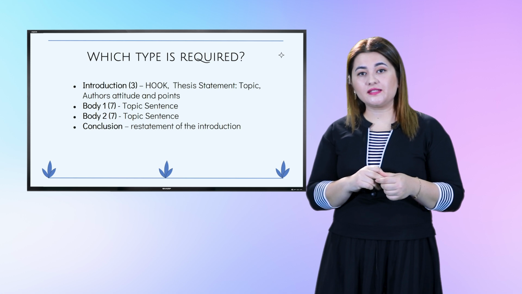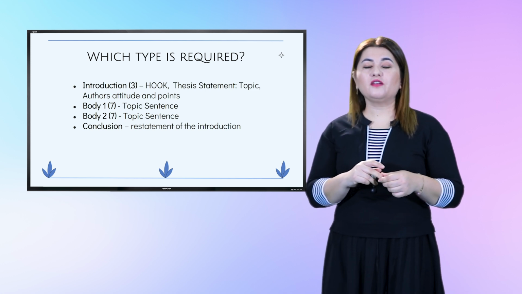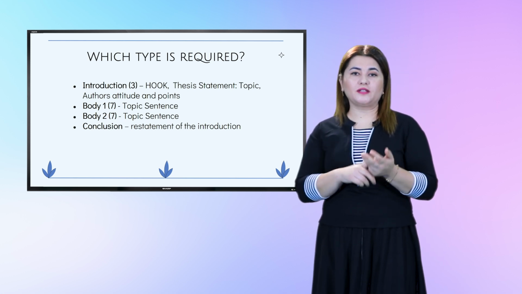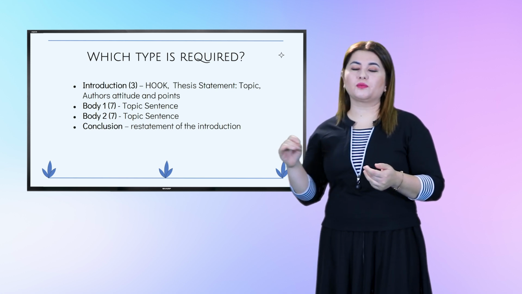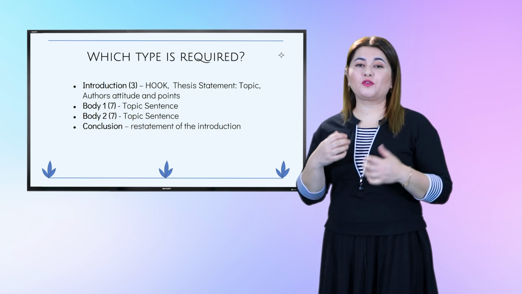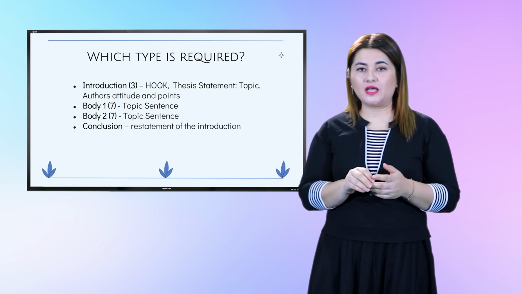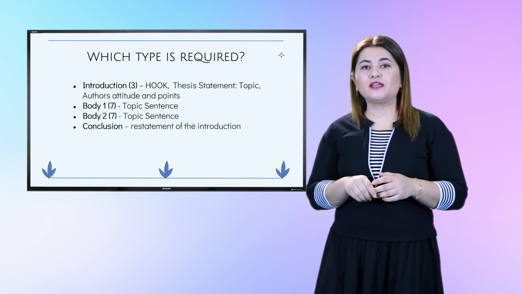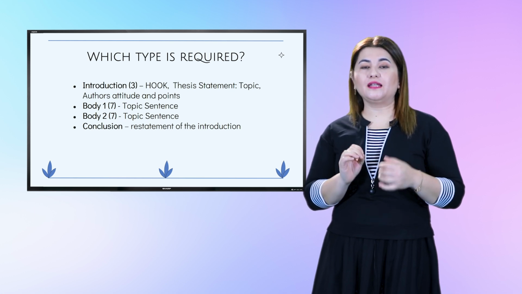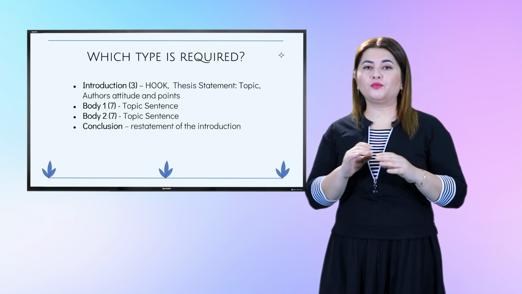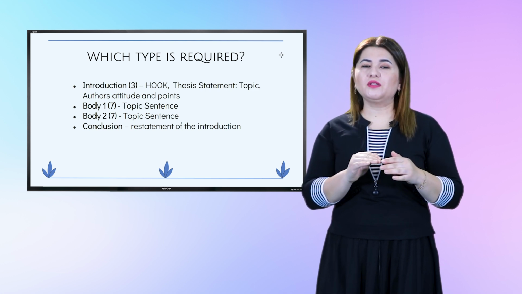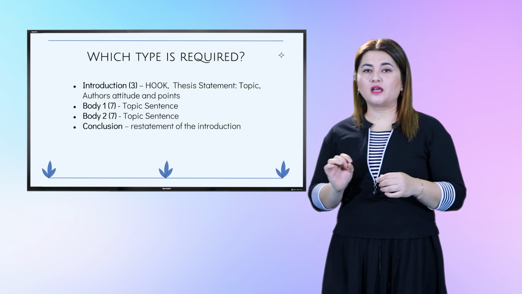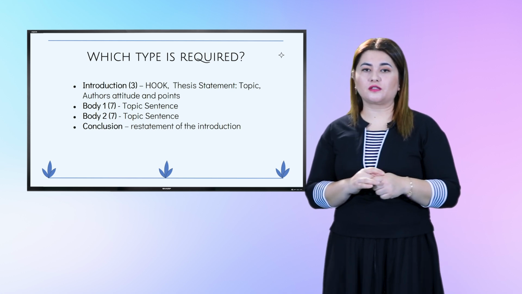If you don't have the thesis statement, it will be very difficult for you to manage your time and your ideas, and there will be a lot of problems. It could be the very first sentence, it can come in the middle, or it could be the last sentence of the introduction.